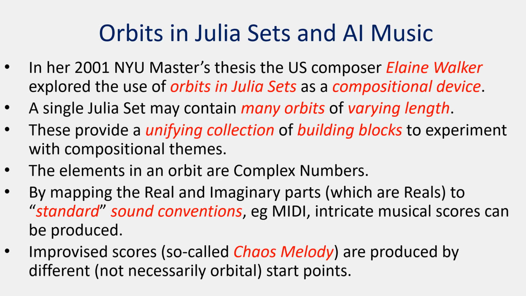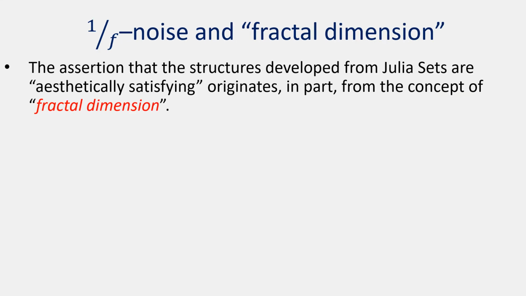One thing that Ms. Walker did in her work, she discussed instrumental design for creating scores from orbits and Julia sets, so-called chaos melody techniques, and these are produced by looking at different starting points. Now, the assertion that the outcome from this kind of composition sounds pleasing goes back to a claim that what Julia sets are exhibiting concerns something called their fractal dimension.